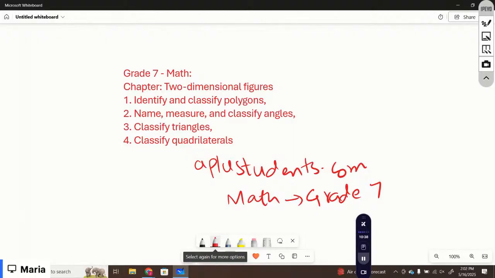Classify triangles and classify quadrilaterals. Please make sure you have your notebook and pencil so that you can write down the important examples and definitions as well. Going to start with the chapter two dimension.